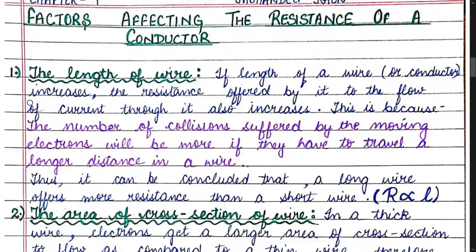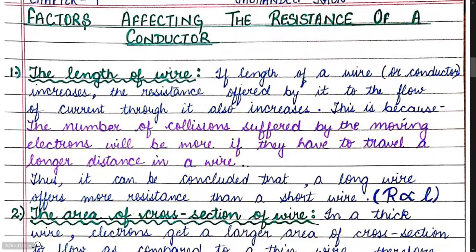Now, coming further, we will study today factors affecting the resistance of a conductor. Students, resistance of a conductor depends on various factors. So we will study each factor in detail.